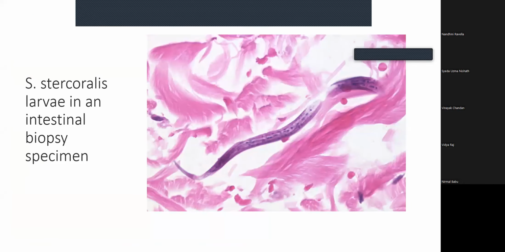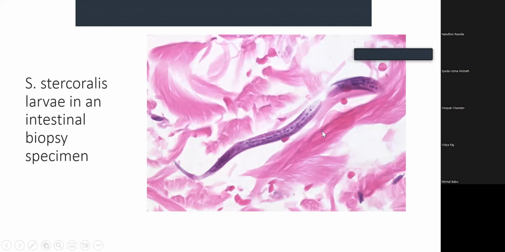Okay, so here you can see a case of disseminated strongyloidiasis. This is an adult female worm along with eosinophilic infiltration. You can see the eosinophils in the intestines. So what happened?